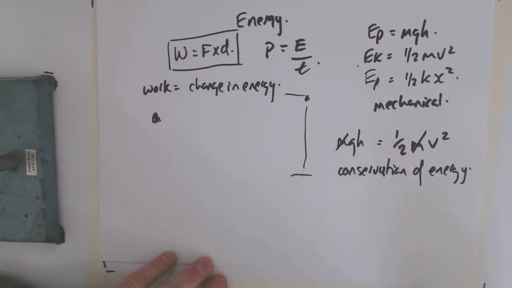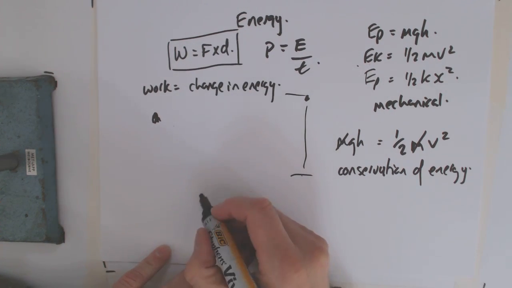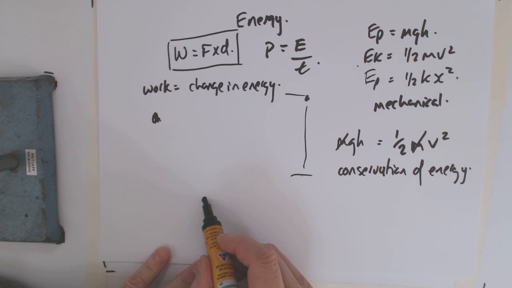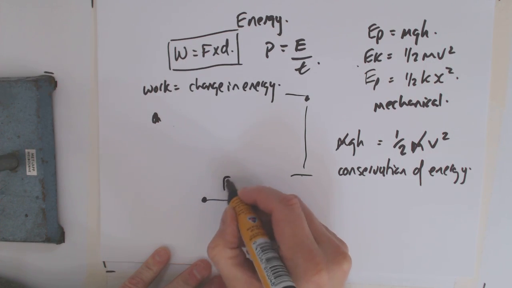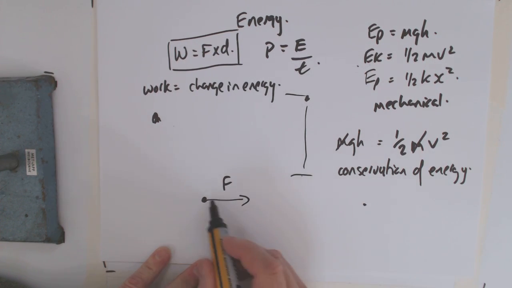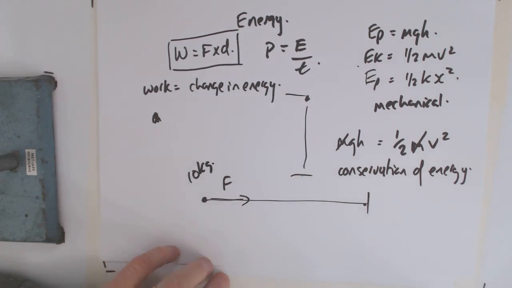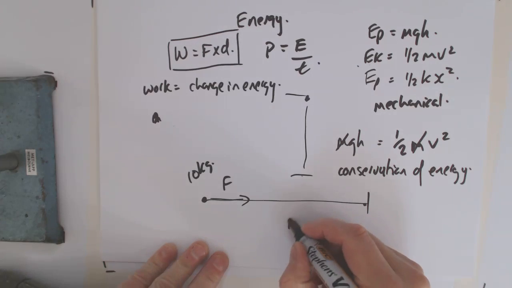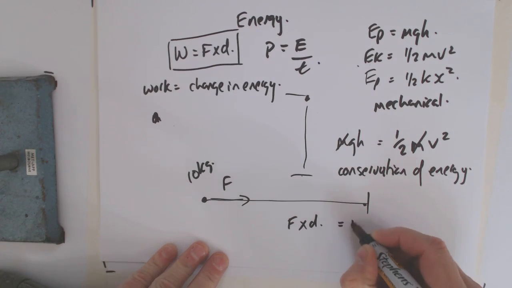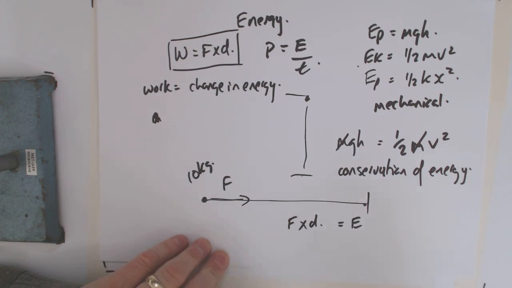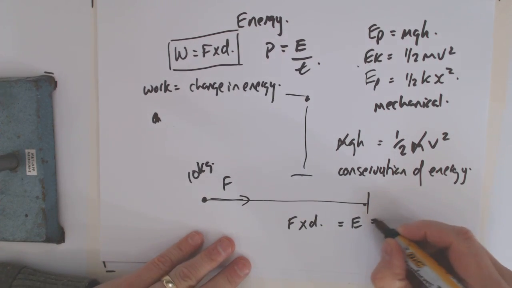Work equals force times distance. That basically also says that if I've got an object and I apply a force over a distance, maybe 20 meters, so this could be a 10 kg cannonball or something, I apply a constant force over that whole distance. Then all I do is multiply the force times the distance, and that gives me the energy change or work done.